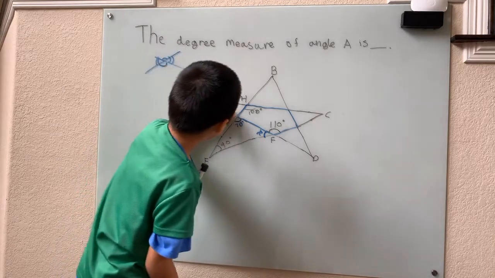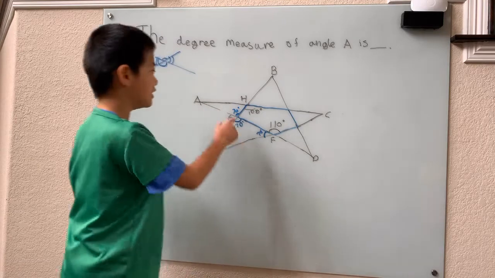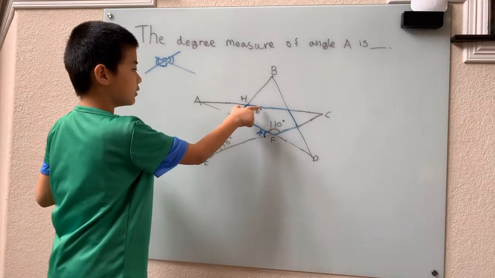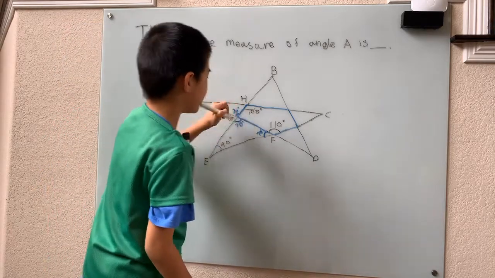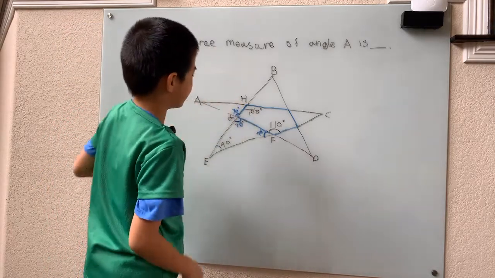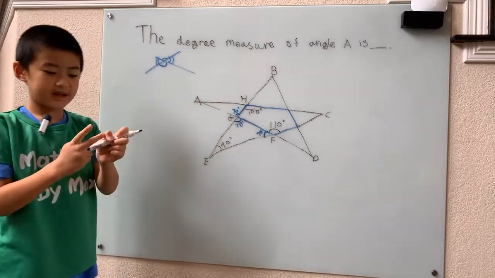And let's see, we know that that's 70 degrees, and now we see finally 70 degrees and 100 degrees. That means this over here is 80 degrees. This angle supplementary to angle H, that's 80 degrees.